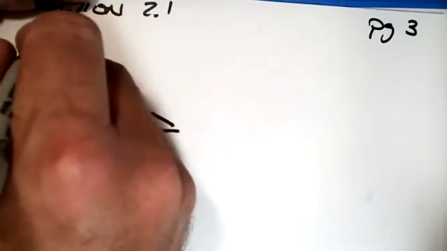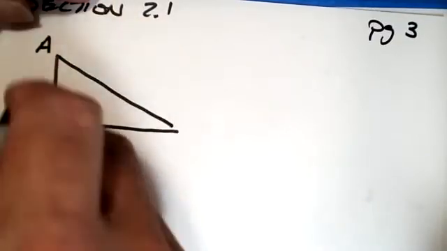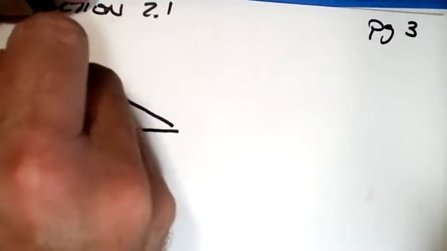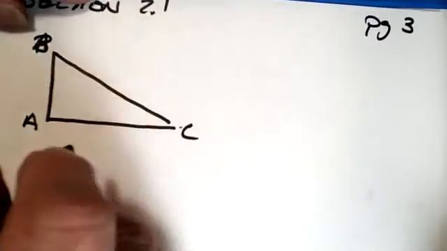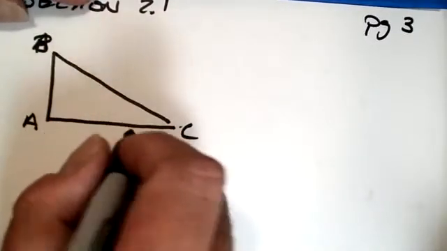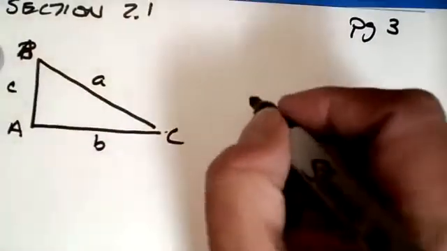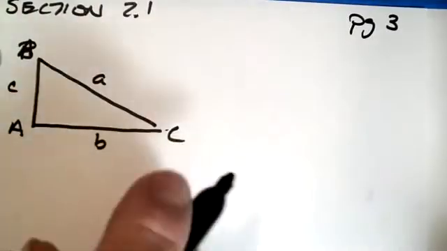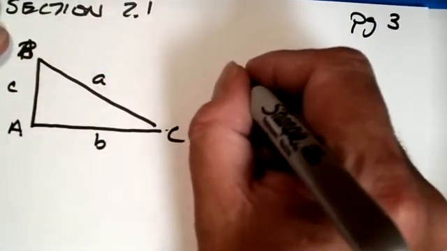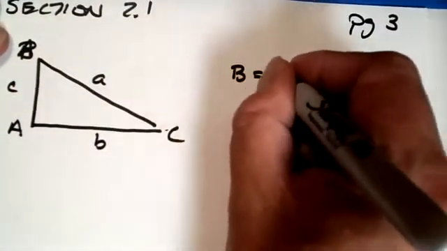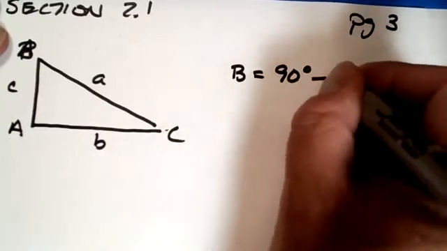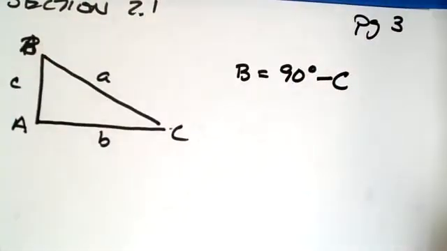Okay, so B and C, and C, B, A. Note that there's a relationship between B and C. Note that B is equal to 90 degrees minus C. Now, do you remember what that means?